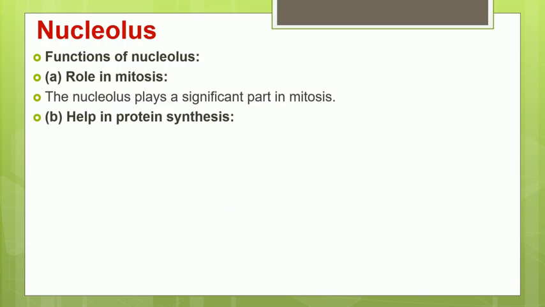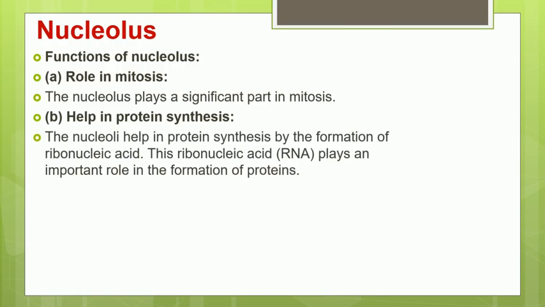Secondly, it helps in the process of protein synthesis, because we know that RNA and ribosomes are both synthesized inside the nucleolus. Then they come out of the nuclear pores and get attached to the endoplasmic reticulum, where the synthesis of protein takes place. So the nucleolus plays a very important role in protein synthesis.